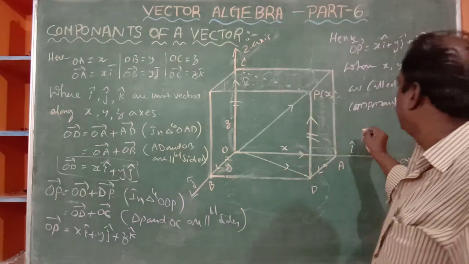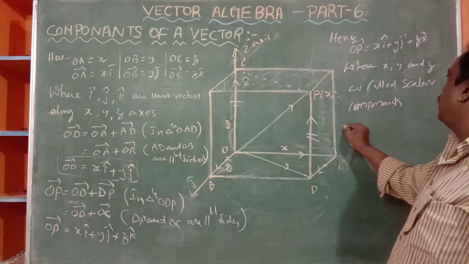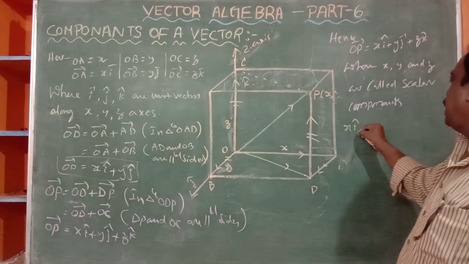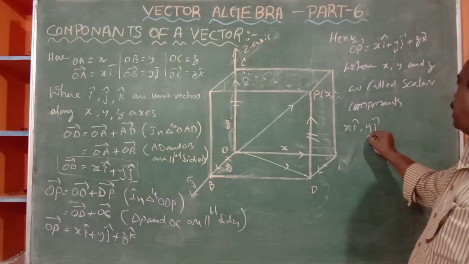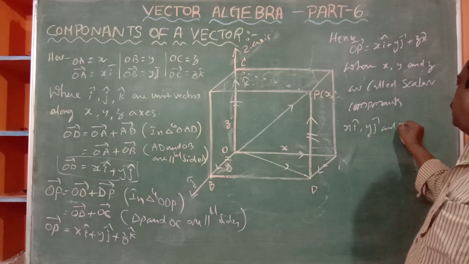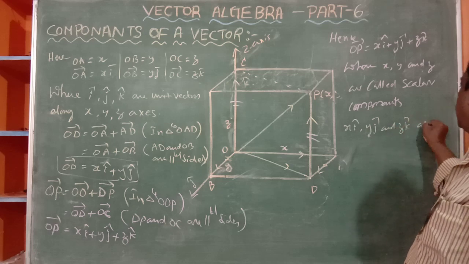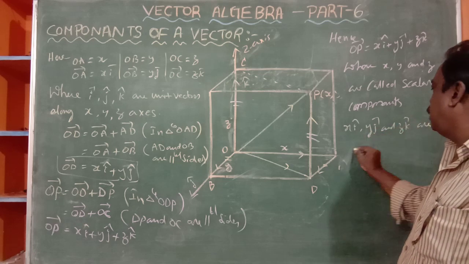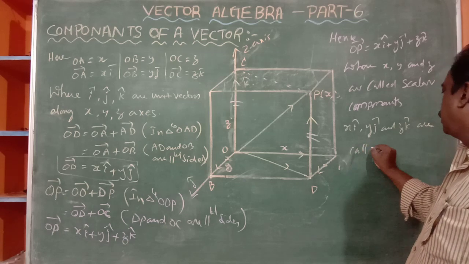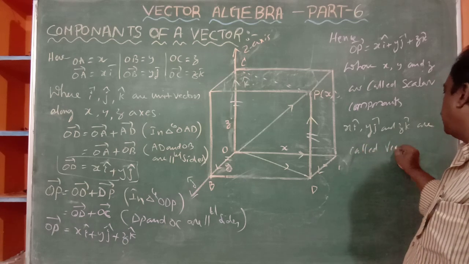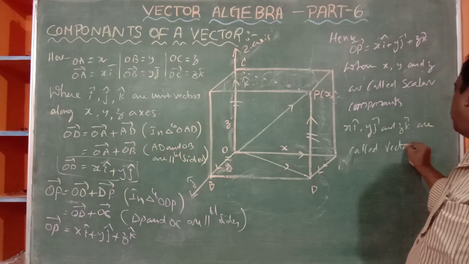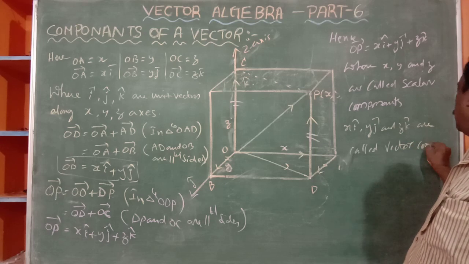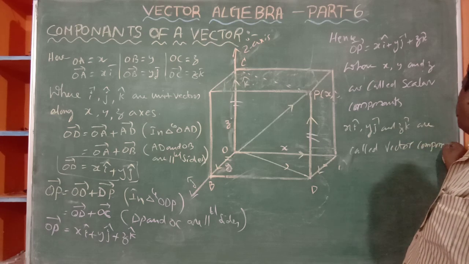Whereas, observe this, x i cap, y j cap, and z k cap are called vector components.